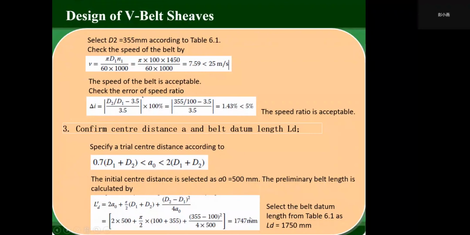Use this, the calculated LD prime is 1747 millimeter, which is not standard, so we should choose a standard value. And from table 6.1, we choose a standard value 1750 millimeter, and this is the standard belt length.